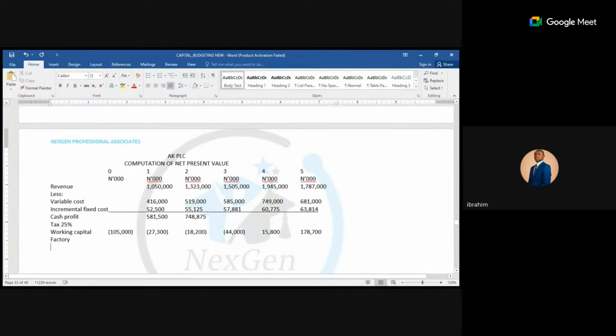So class, before this, you can have tax savings, 75, tax savings, then tax savings.